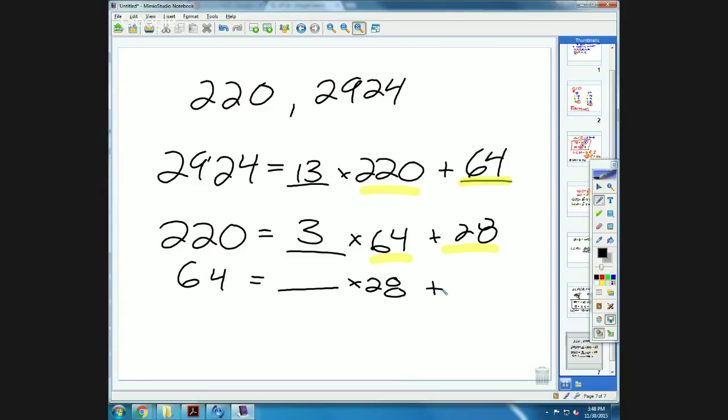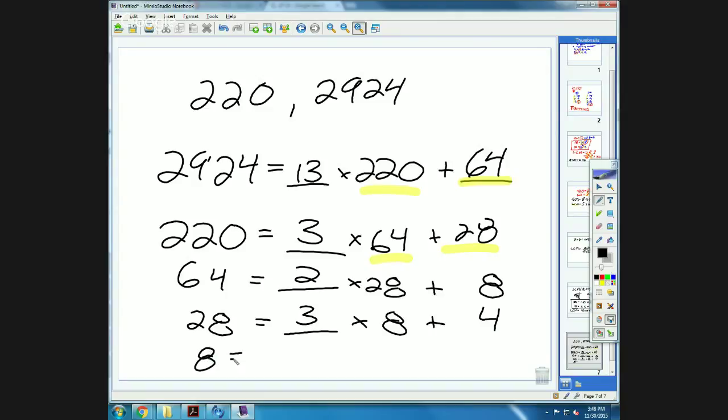It goes in there 2 times. That's 56 with 8 left over. We got to keep going until we're done. So 28 divided by 8, with 4 left over. And then now we should see the end coming in. 8 is equal to 2 times 4 with no remainder.